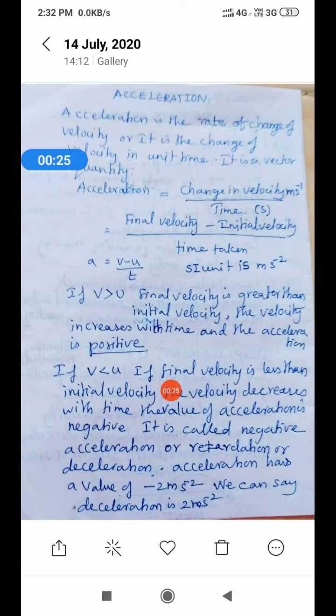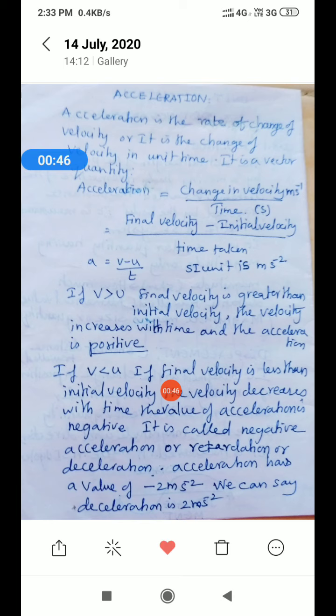Acceleration. Acceleration is equal to change in velocity by time taken t in seconds. Final velocity minus initial velocity.